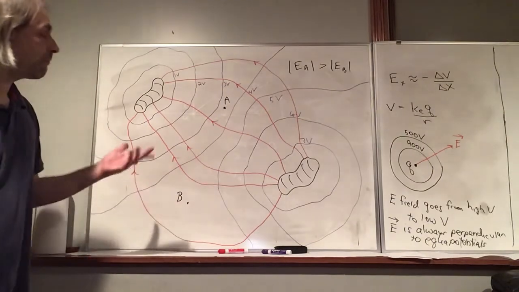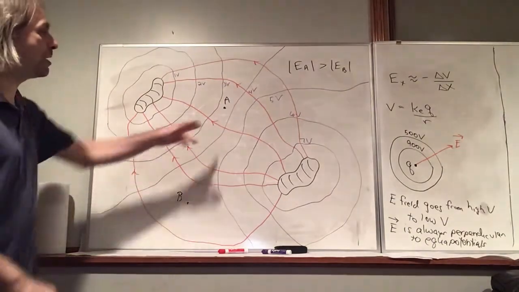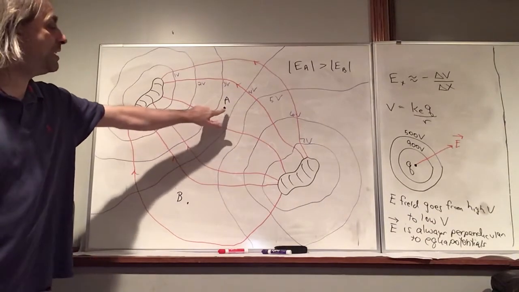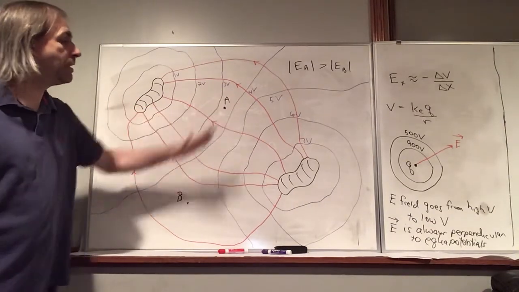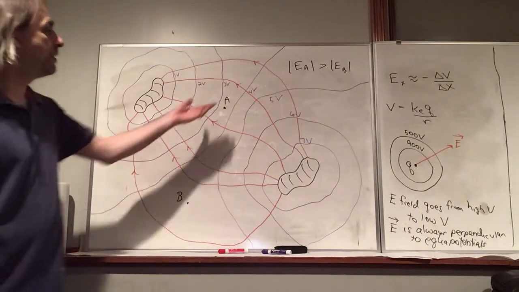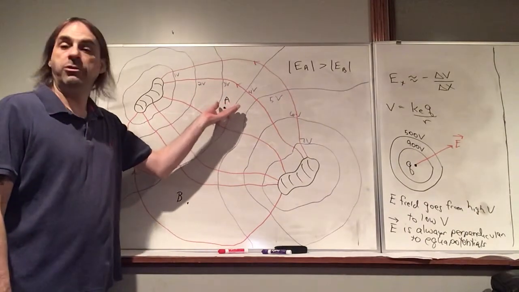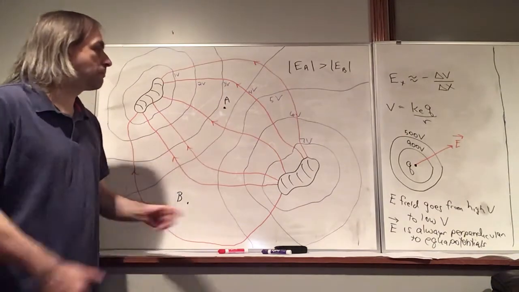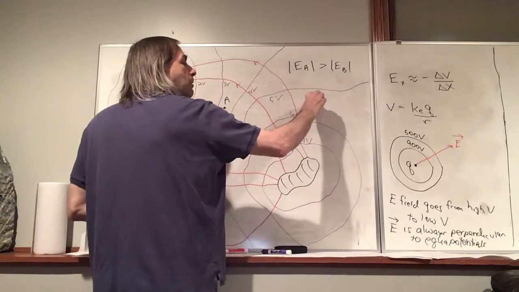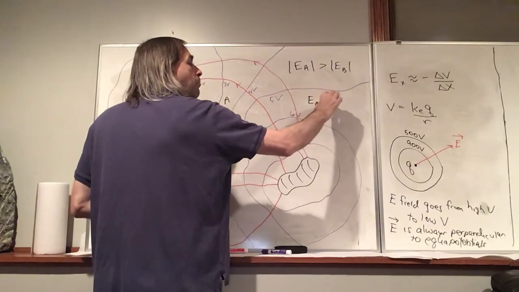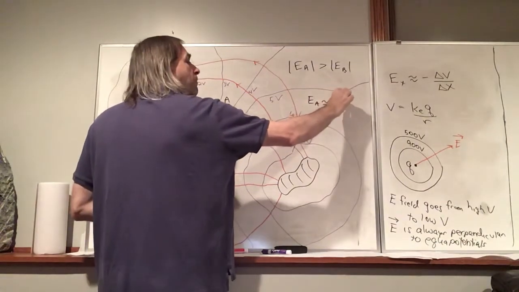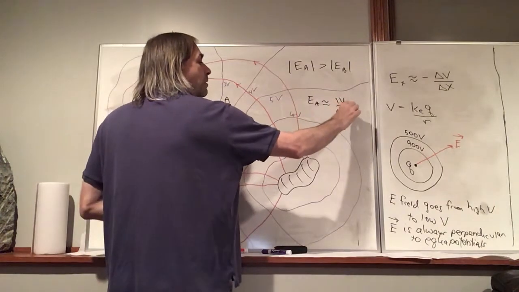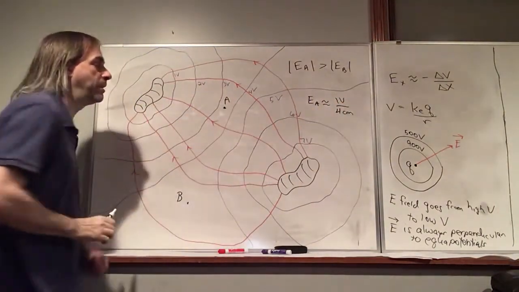Why? Well, let's say we want to approximate the electric field at point A. We can say this is approximately equal to delta V over delta X, where delta V is 1 volt. The electric field at A is approximately 1 volt over, say, 4 centimeters, just like the distance between those two lines.